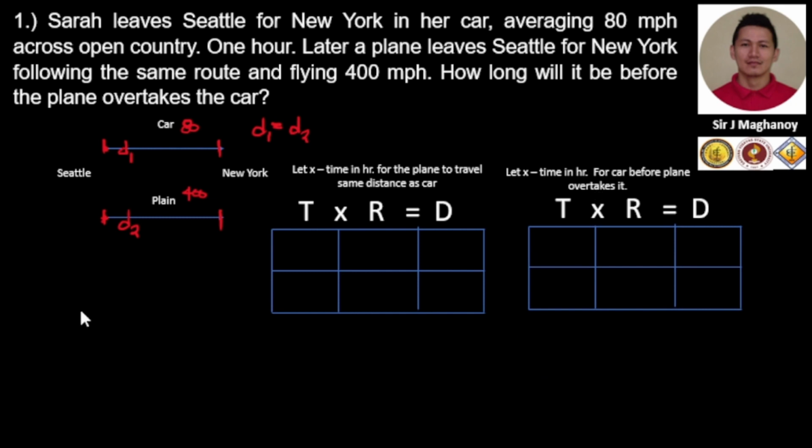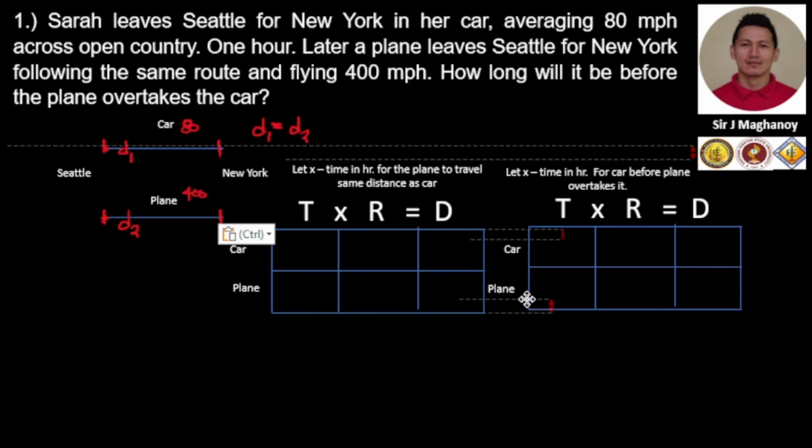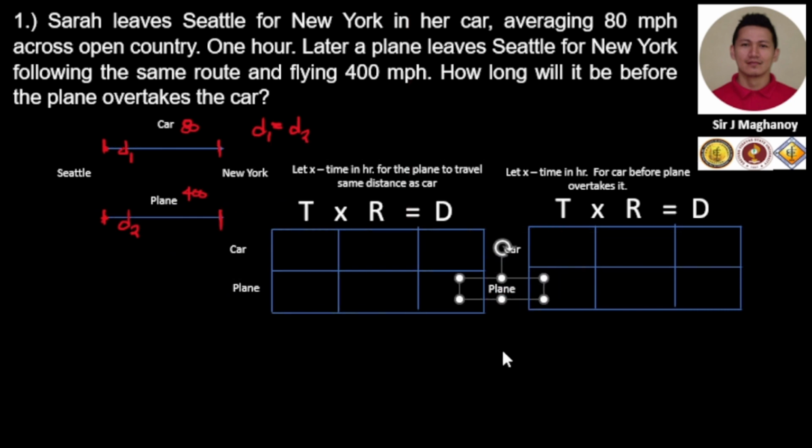Okay, so let's formulate our equation. We have the data of our car and the data of our plane. Now let's get the data.